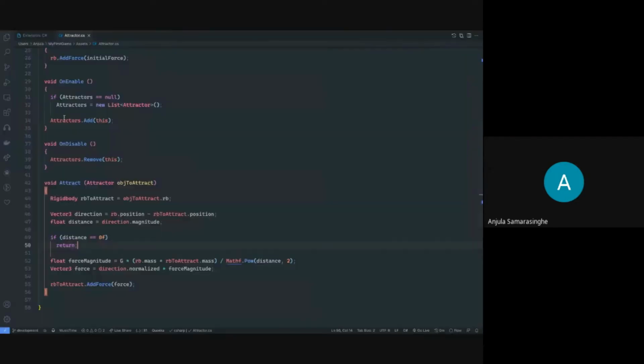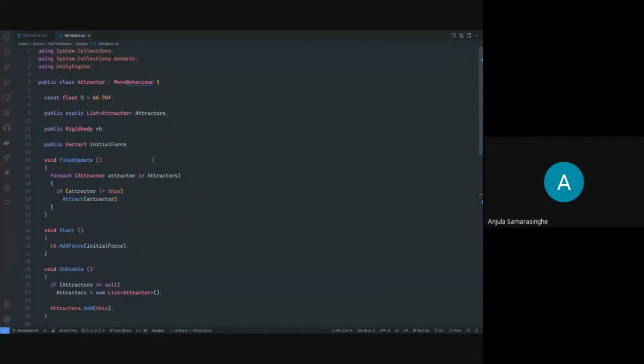If we take a look at the script, I have created a constant to store the gravitational constant. It is in here. The gravitational constant is quite high. For this simulation, I have used this higher value of G to calculate the force between the objects.